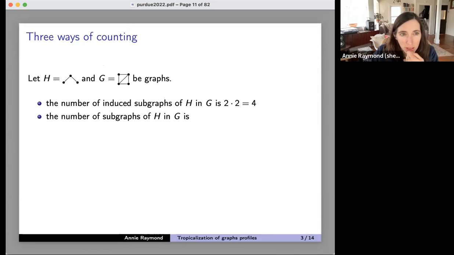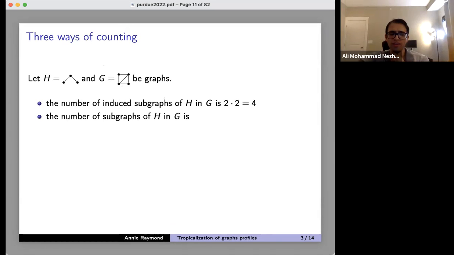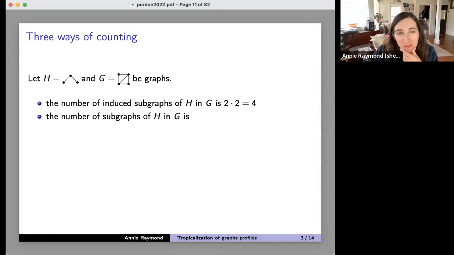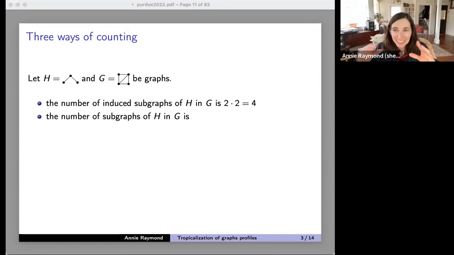Anybody say more? Yeah, it looks like four more. Nobody sees more than four more? No, there are many more. Sorry. So all the triangles will give rise to, I don't know how many, like 6.